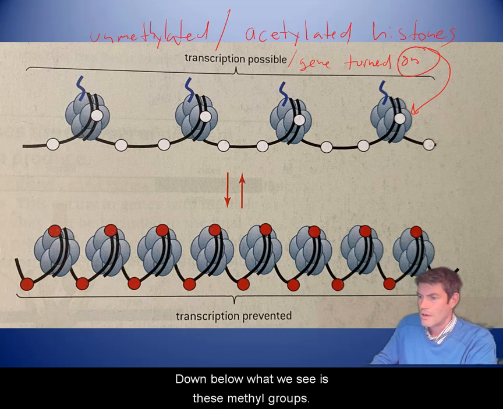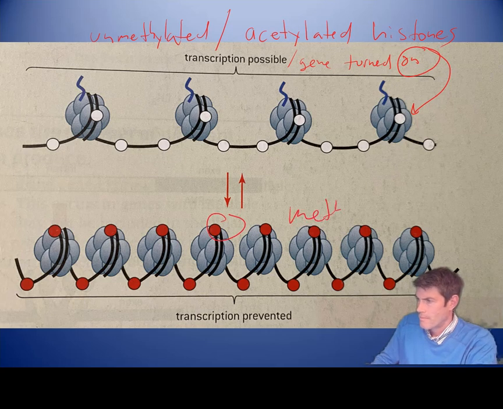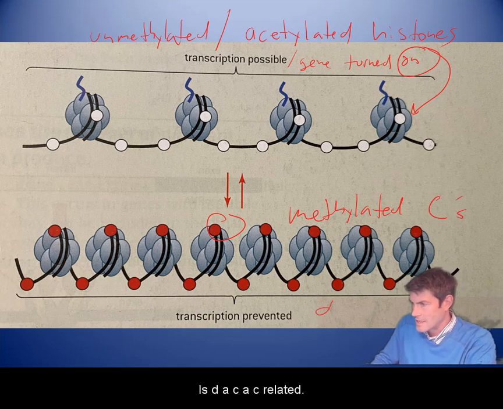Down below, what we see are these methyl groups, methylated C's, basically. And the histones are deacetylated, and it's basically turned off.